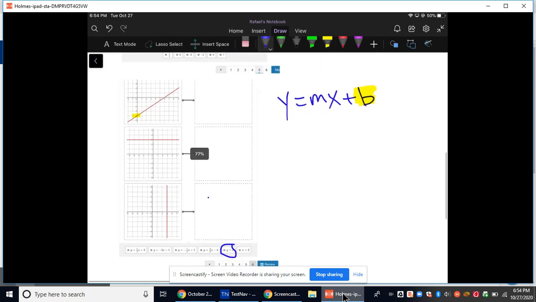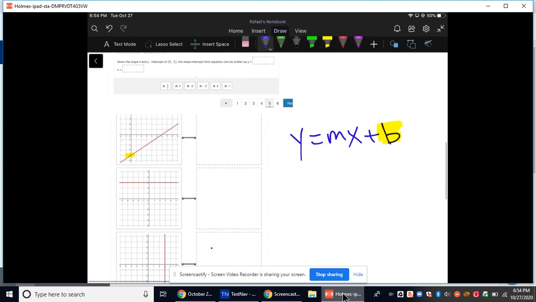If you want to use that strategy I taught you guys earlier, write the letter y up here for y-axis, touch it, and go straight down until it touches your line, the red line, and it's crossing the y-axis at -4. All right, so I know my equation is going to be y equals blank x, and since it's negative, it's -4. That was our b, our y-intercept.